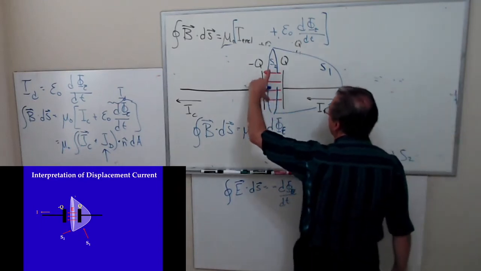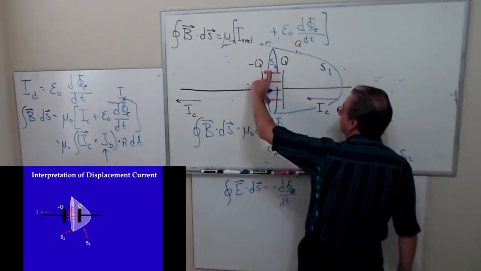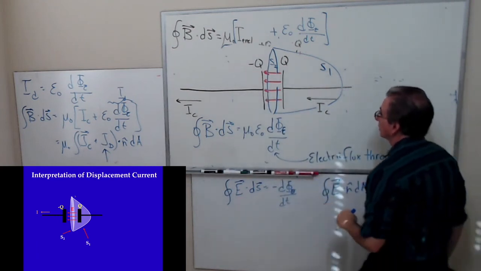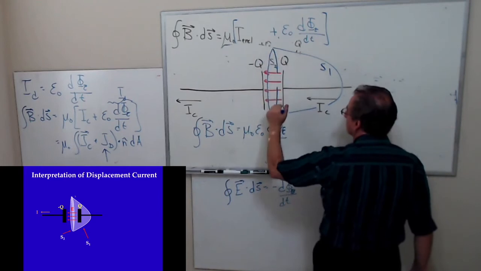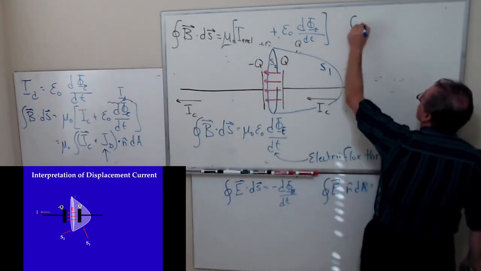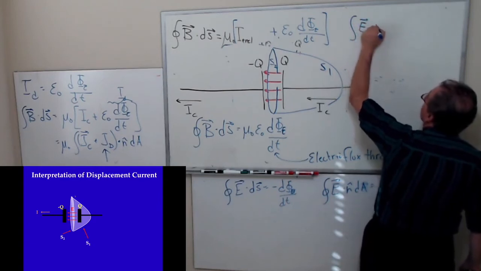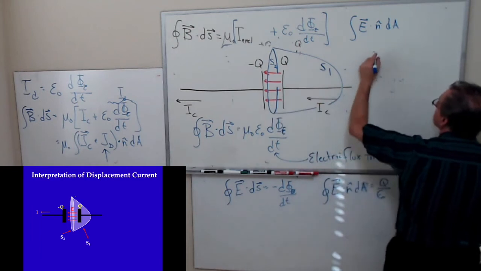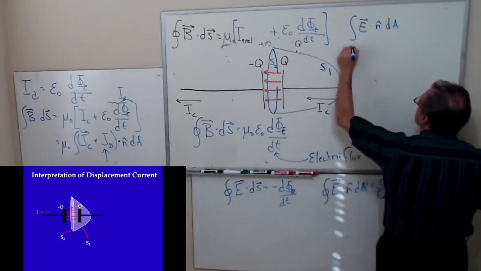And basically the electric flux is just contained within the area of the capacitor. The field out here is 0. So I want to calculate the integral of E dot n dA in here. Well, E is constant between the plates.